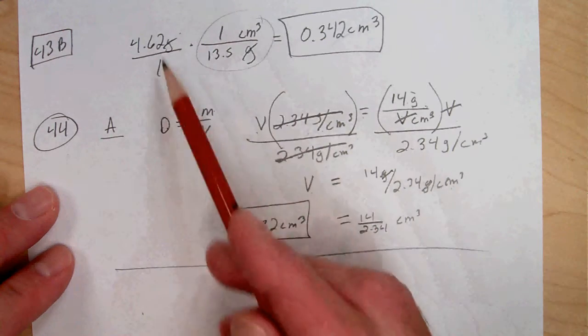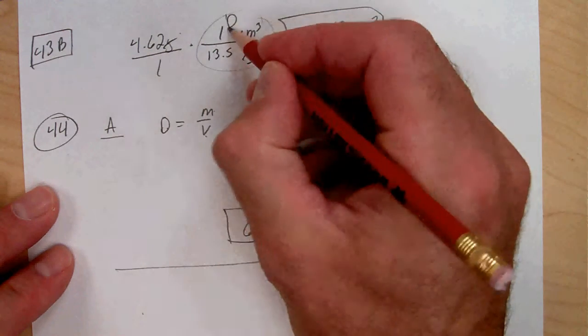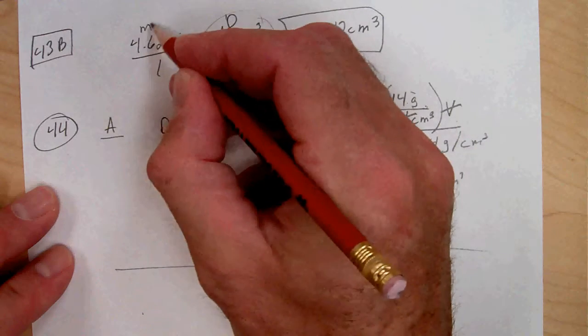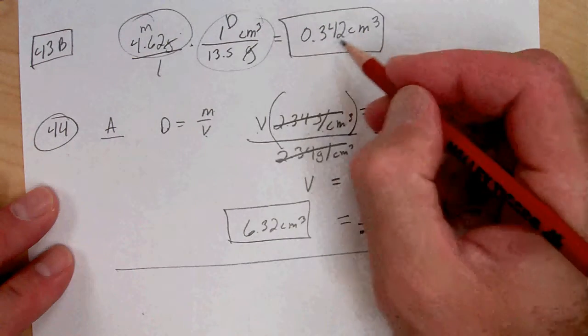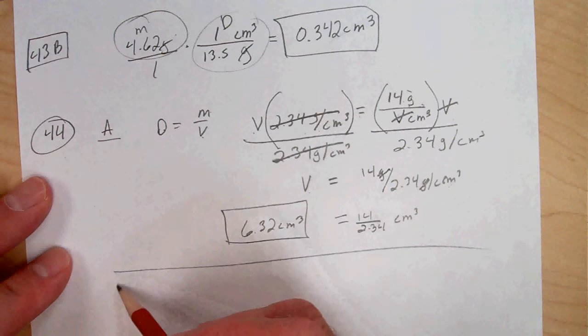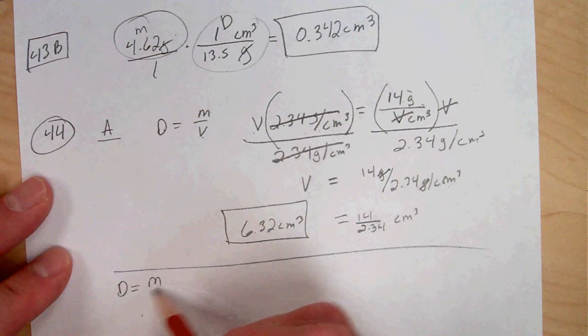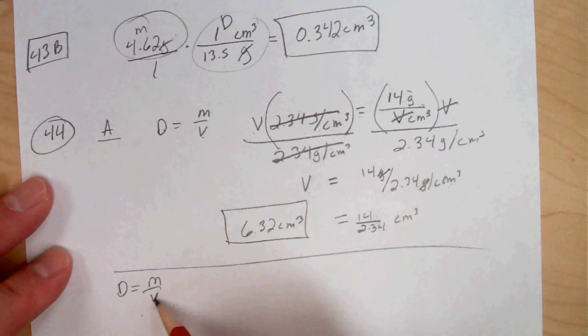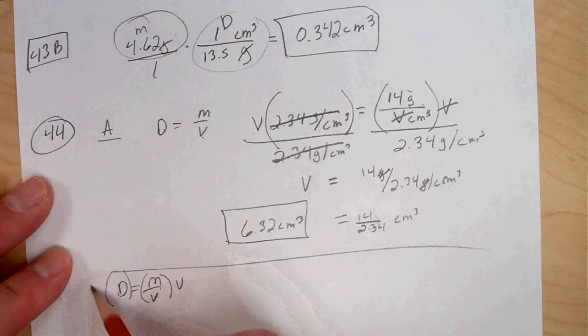I've got the density, put that big D there, here's my mass, and my volume. It will start out as my unknown. So solving the same method, density equals m over v, this time I'm going to work through with the variables. V times both sides.